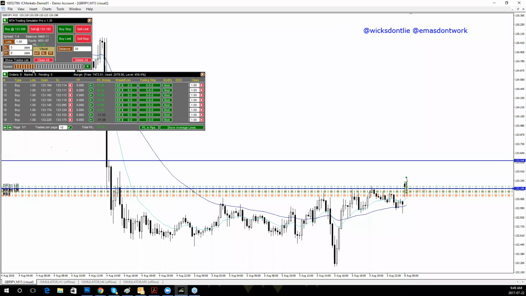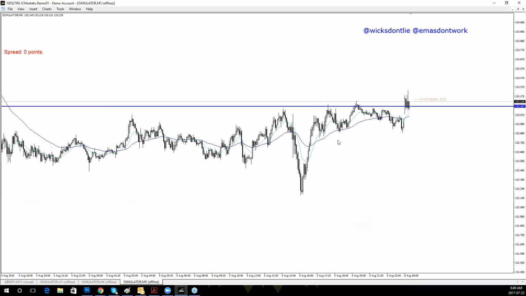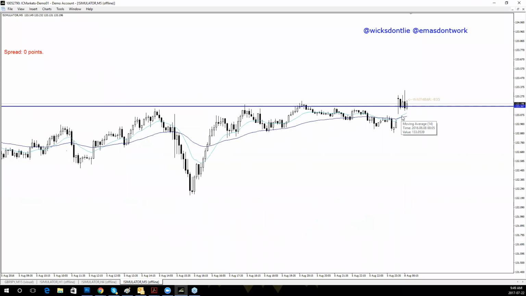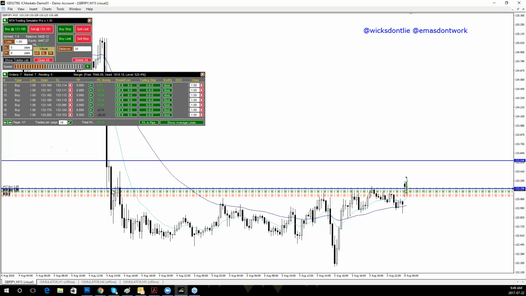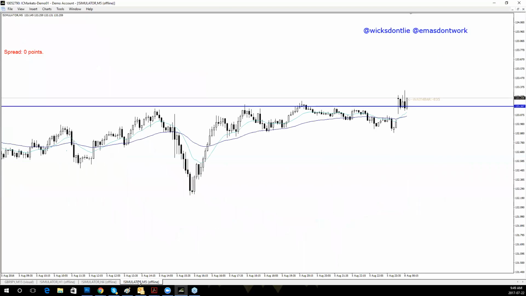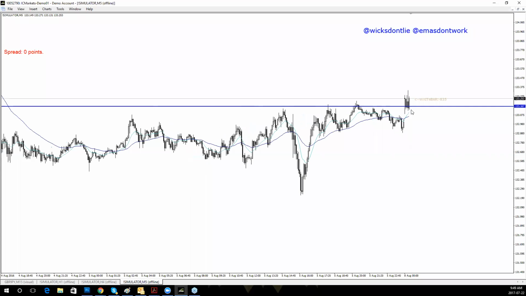All right, so we have buys here now. We have committed to buys here because what I see is that EMAs are being respected in this area on the 5 minute.